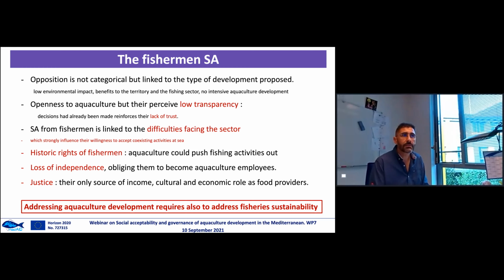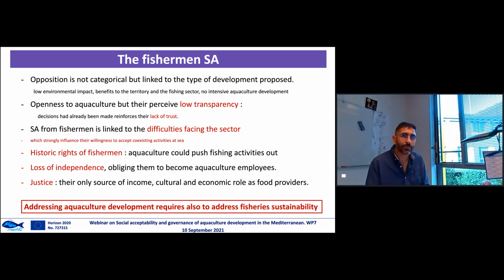We have to take into account the impact of this development, the marketing of the farmed fish, and whether this can coexist with wild fish.